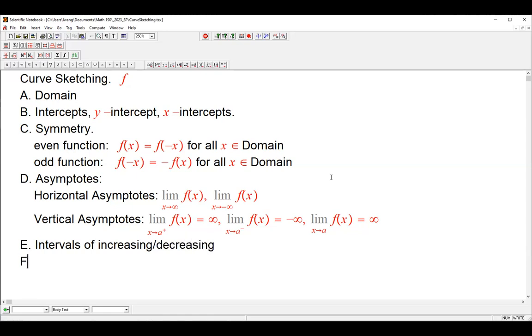And F will be, we can find local max or local min using the first derivative test.